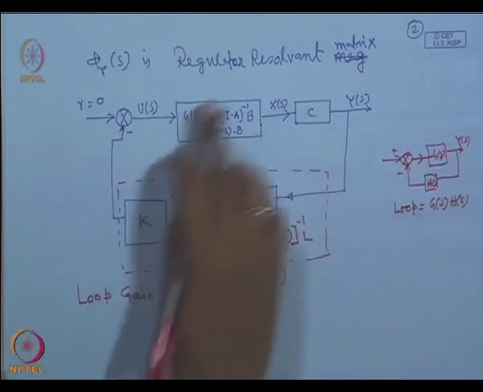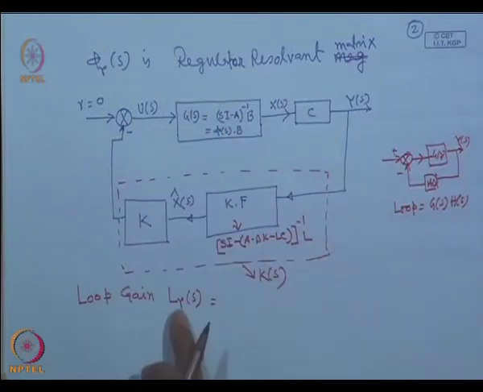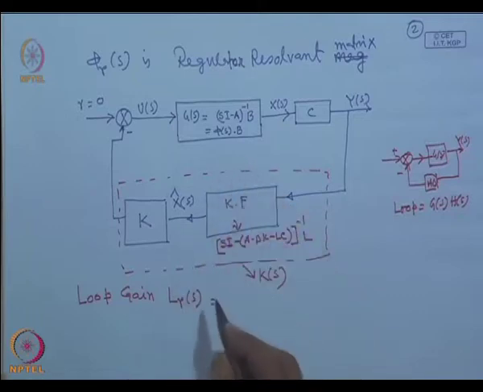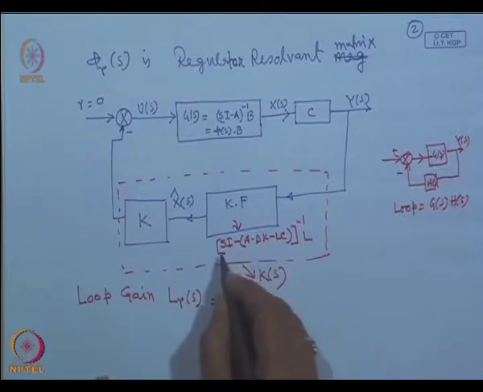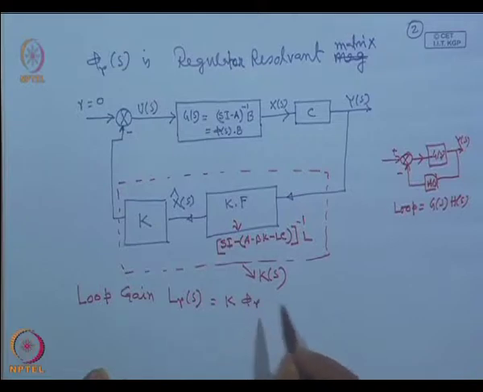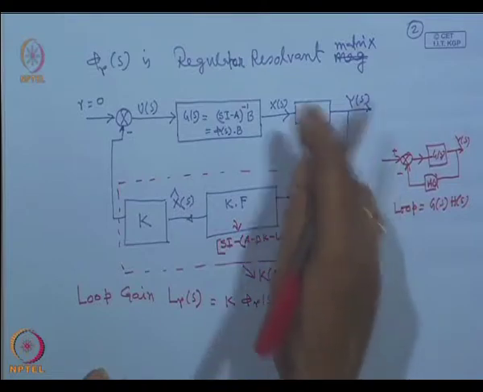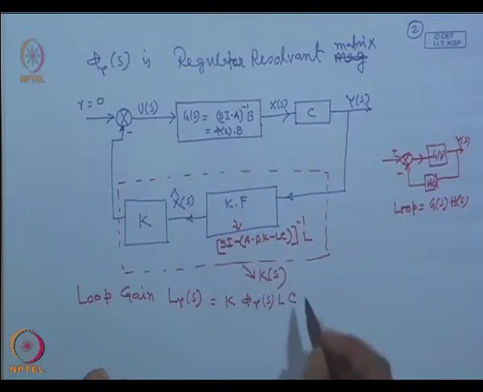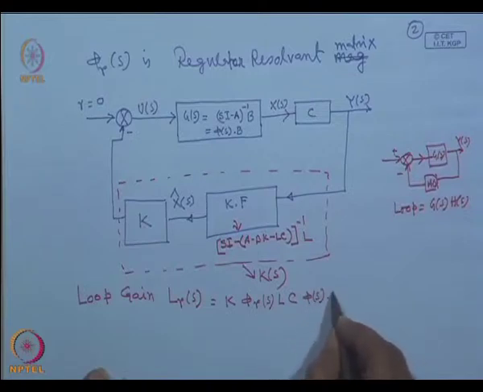Similarly, in this case also we have a loop transfer function. The loop gain of this one I can write as K into this quantity, which I have considered equal to phi. This quantity is phi_R of S into L, then C, then phi of S into B. Agree?